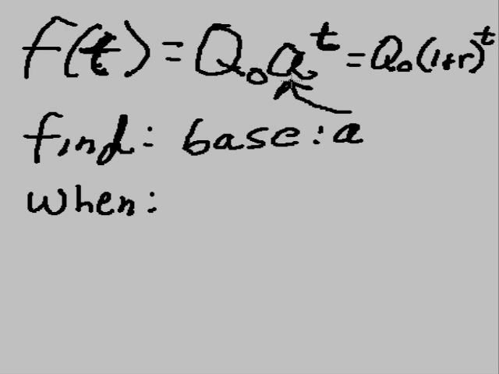I've got to find the base a when some condition exists. Well, what's that condition? It's more like examples rather than a condition.